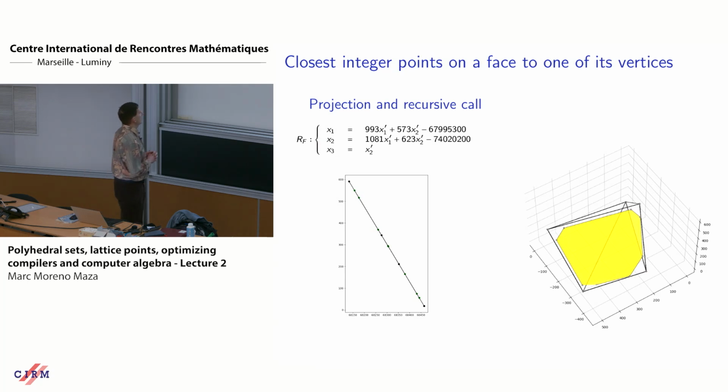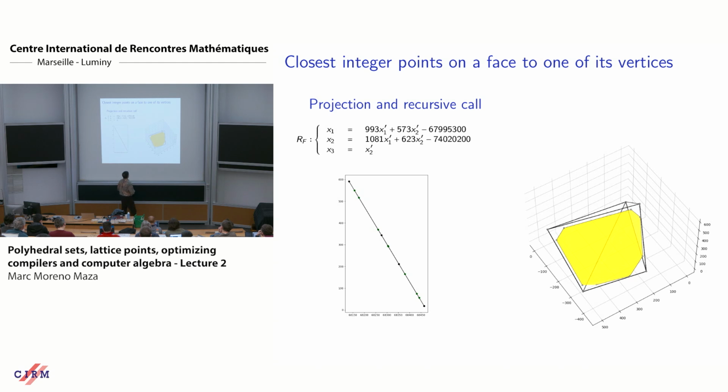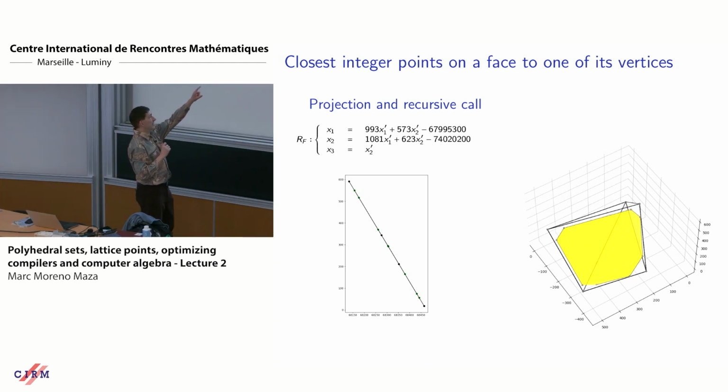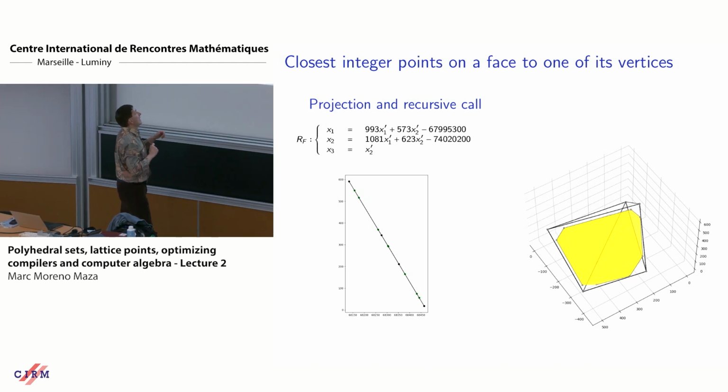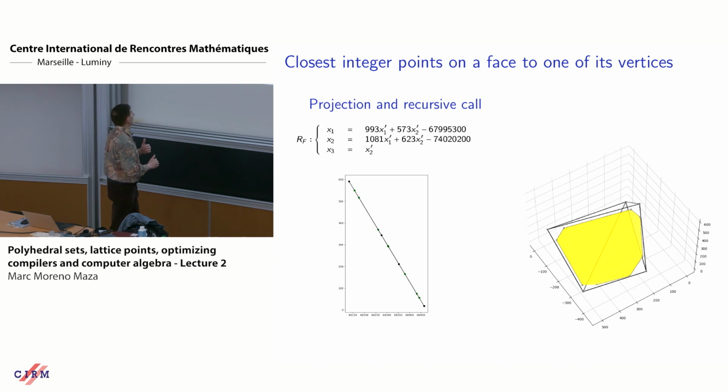So for instance, here we have this facet. Sorry, you have this yellow region. You can see this is the integer hull of one of the facets of that object, and this is computed in one dimension less.